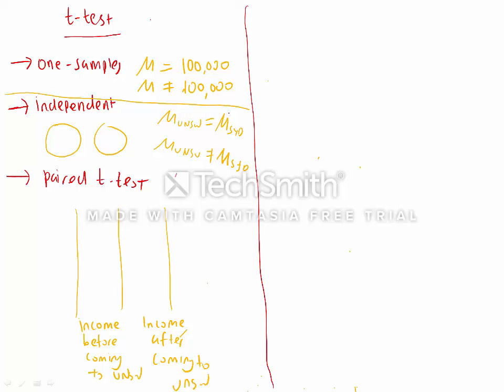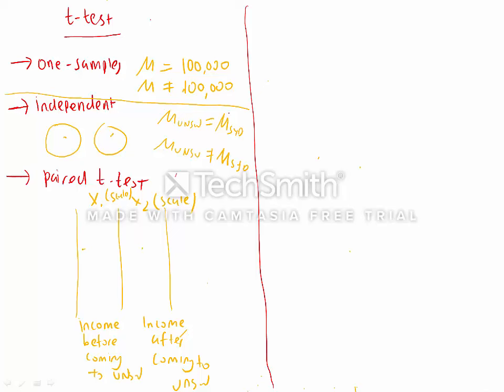We have x1 and x2, and since the paired t-test is more on analyzing the difference between two scale variables, x1 has to be scale, and x2 has to be scale as well. So independent samples is on groups, and paired t-test is for two scale variables.